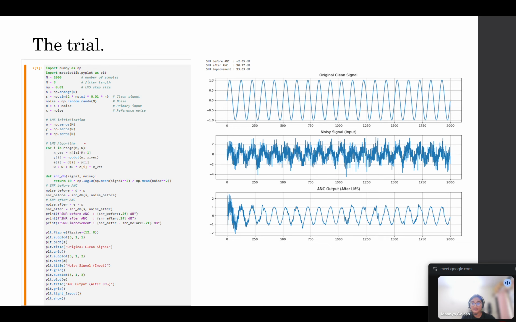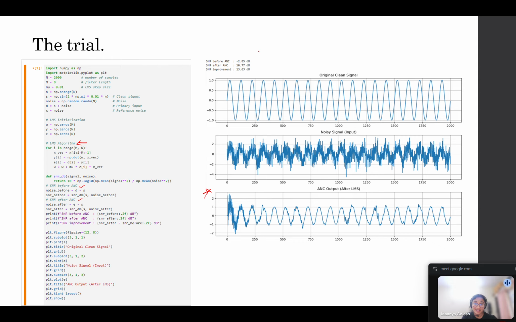That input is fed into the LMS algorithm here, and at the end we calculate the signal to noise ratio before and after the adaptive noise cancellation, and this is what we get as the output. In the initial noisy signal, you will not be able to tell that it is a sine wave, but after using the adaptive noise cancellation, the noise is significantly reduced and you can make out that it is a sine signal.